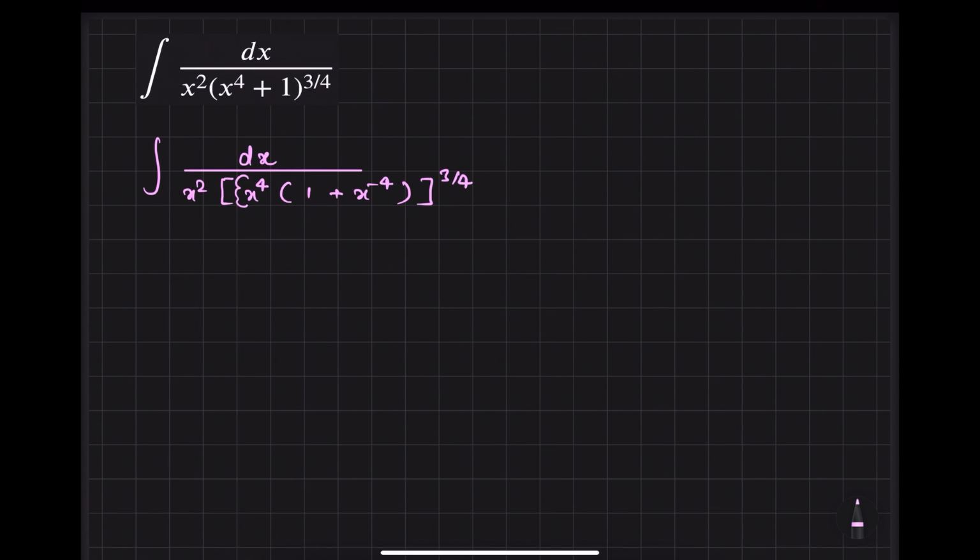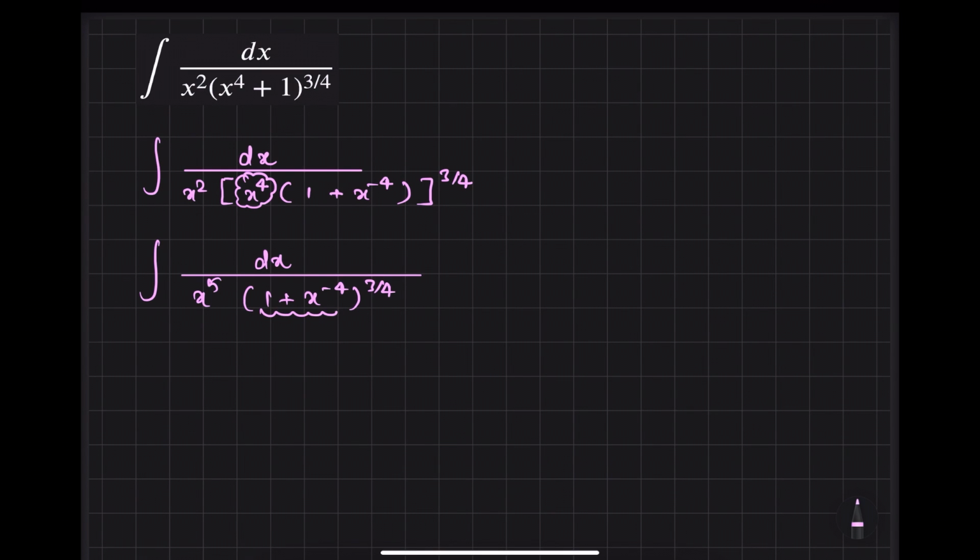So if this comes outside, it will be x power 4 power 3 by 4. So this 4 and that 4 will get neutralized and we will be left with x power 3. On simplification, you can find that we got x power 5 times (1 plus x power minus 4) to the power 3 by 4.